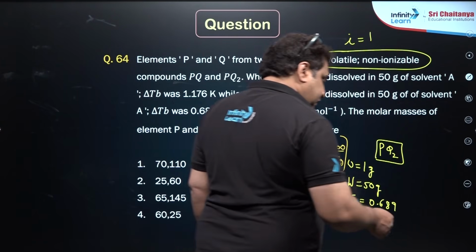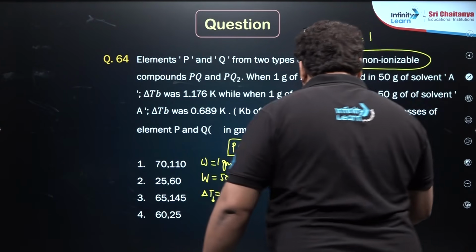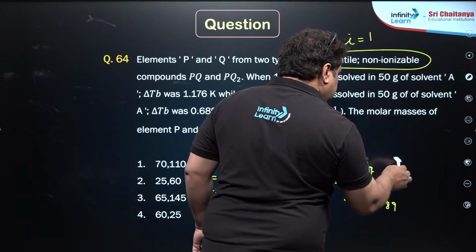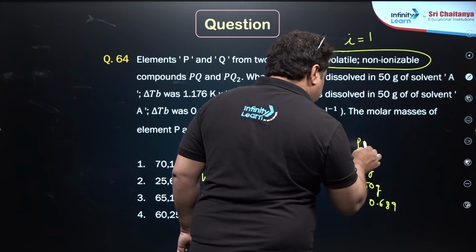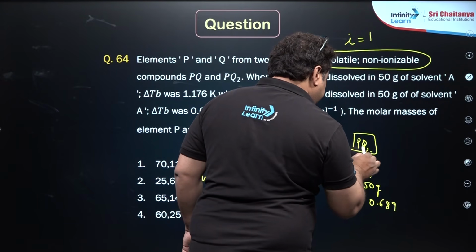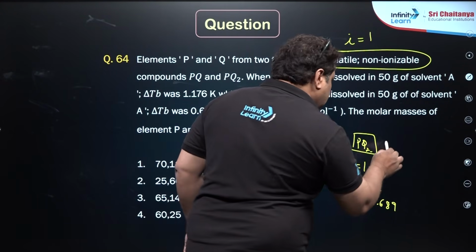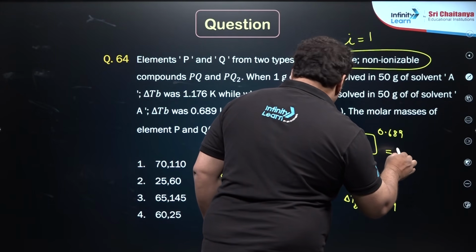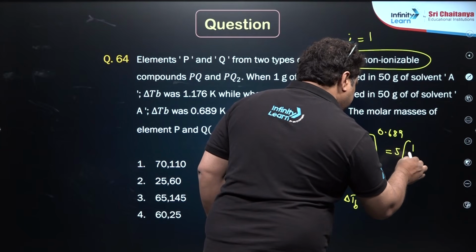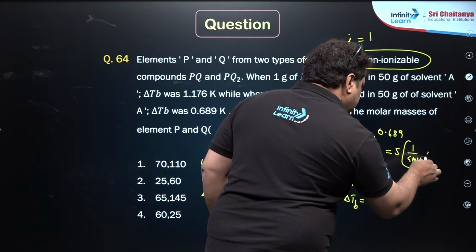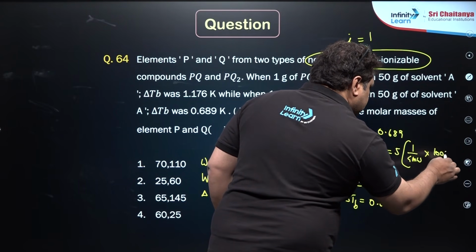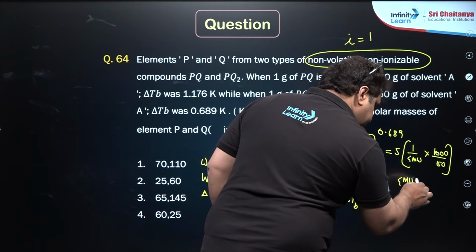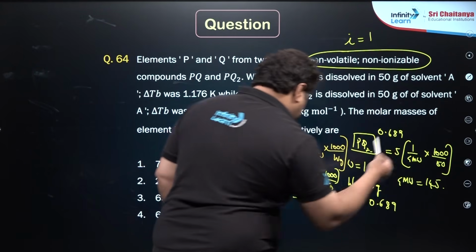Now, the same for PQ2: 0.689 is equal to 5 into 1 by gram molecular weight into 1000 by 50. On solving this, gram molecular weight you will get 145.